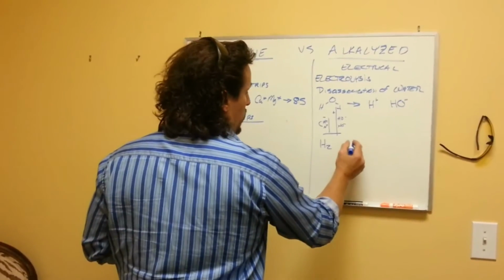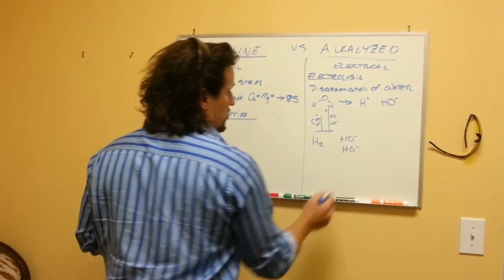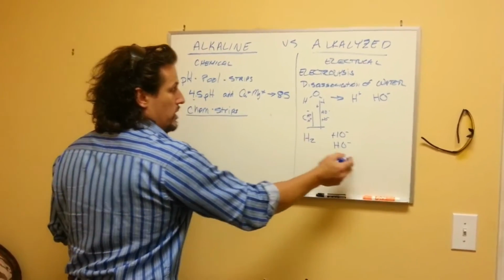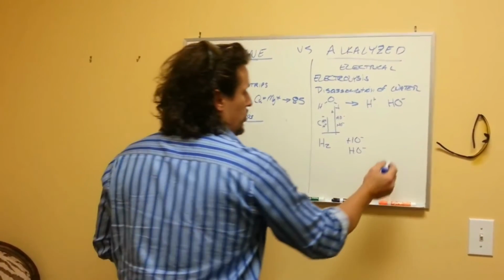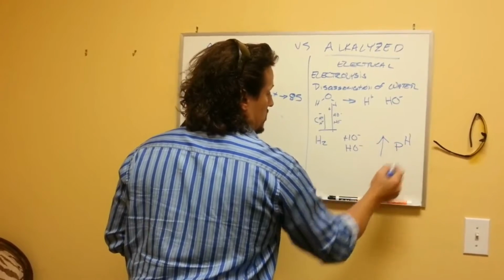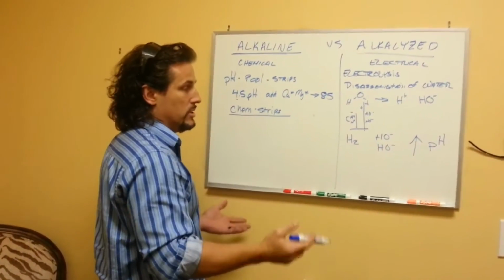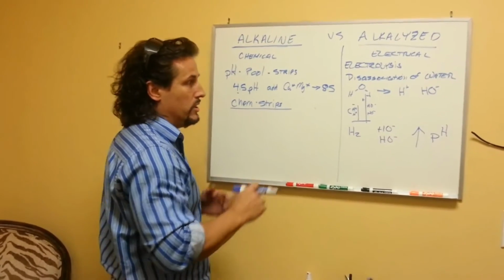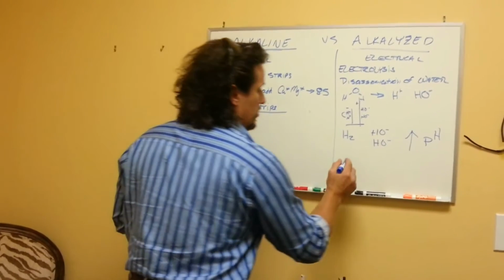So then you end up with an H2 molecule and a couple of hydroxyls. Because this ratio changes electrically, you'll get a rise in your pH. There are no chemicals added. There's nothing taken or added to the water. It is strictly a requirement of power, which is where this unit comes in.